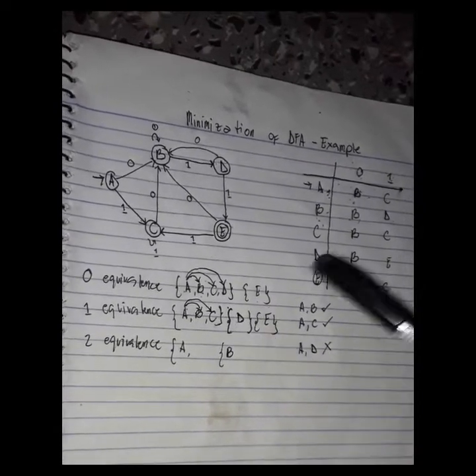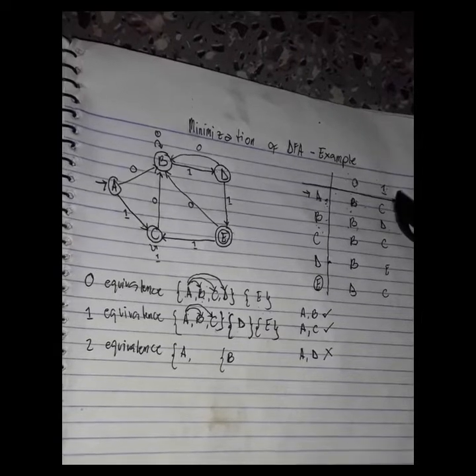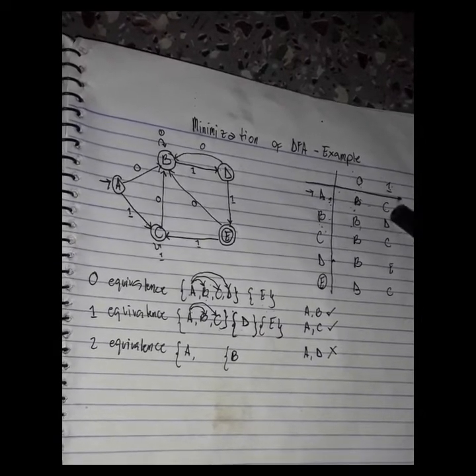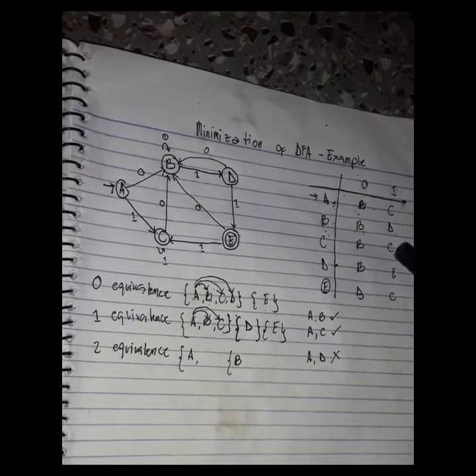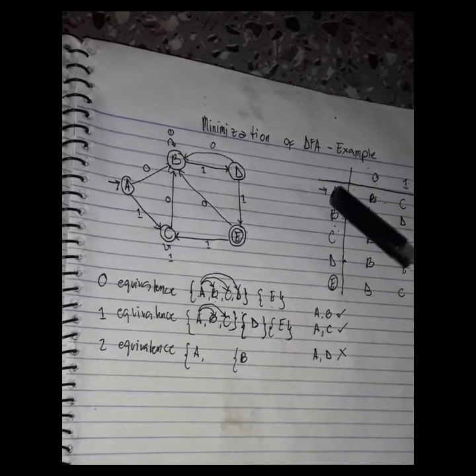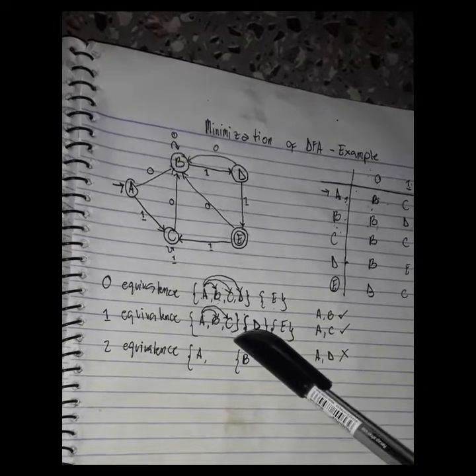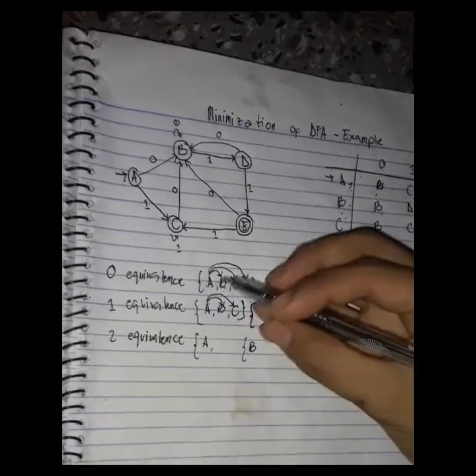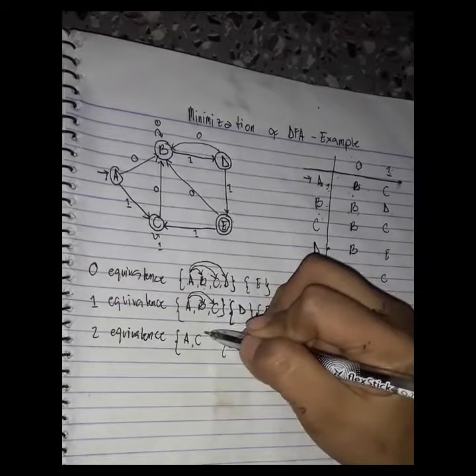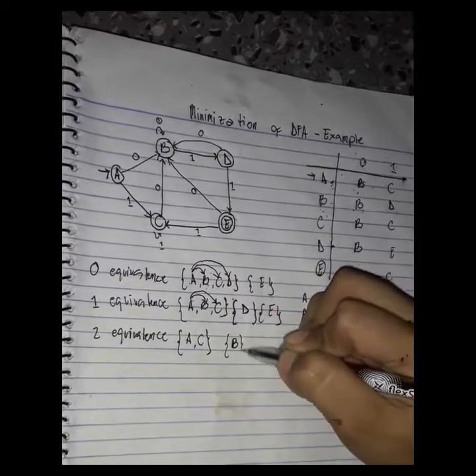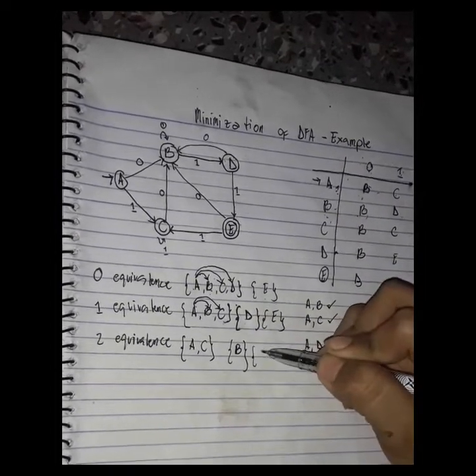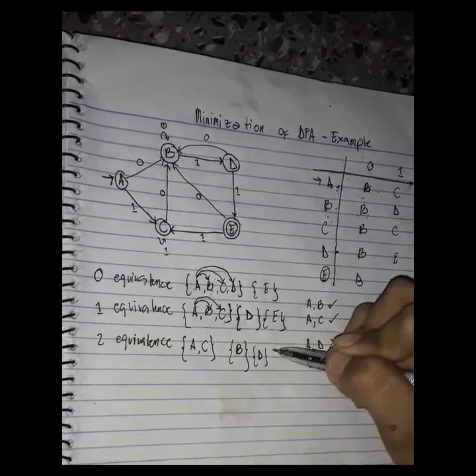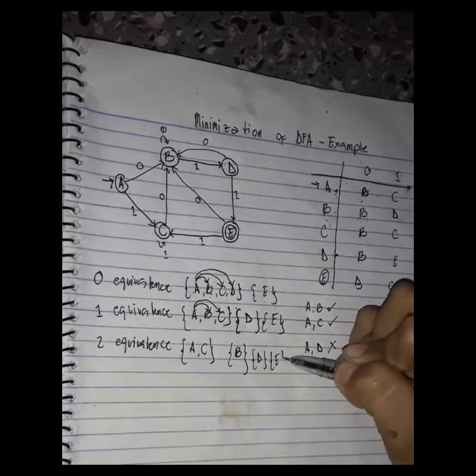So in one input, the one input of A goes to C. Okay. So the one input of C goes to C. So check, they're in one set. The A and C are in one set in one equivalence. So you have to bring down the C. So you have to close these, and D and E, you have to bring them because they're the only one. You have to bring down the D and E.